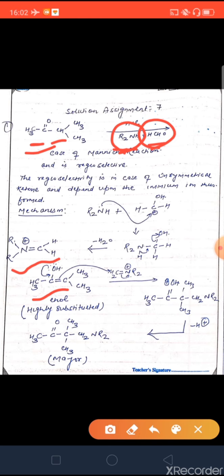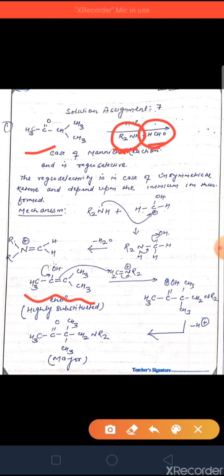So regioselectivity in this Mannich reaction is partly controlled by the preformed iminium ion in this case, and the conditions that we have taken. Generally, the highly substituted enol will be synthesized in this case, and from this enol a reaction will happen. So this is a case in which the reaction is particularly happening at the highly substituted carbon.